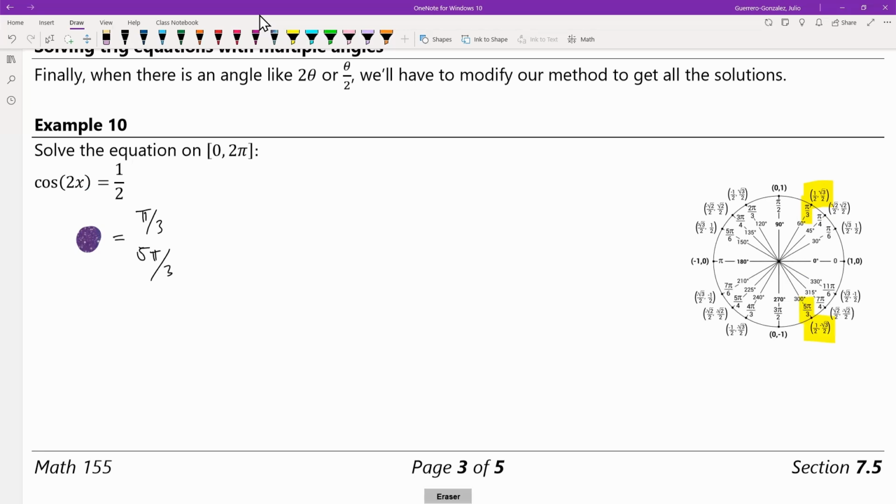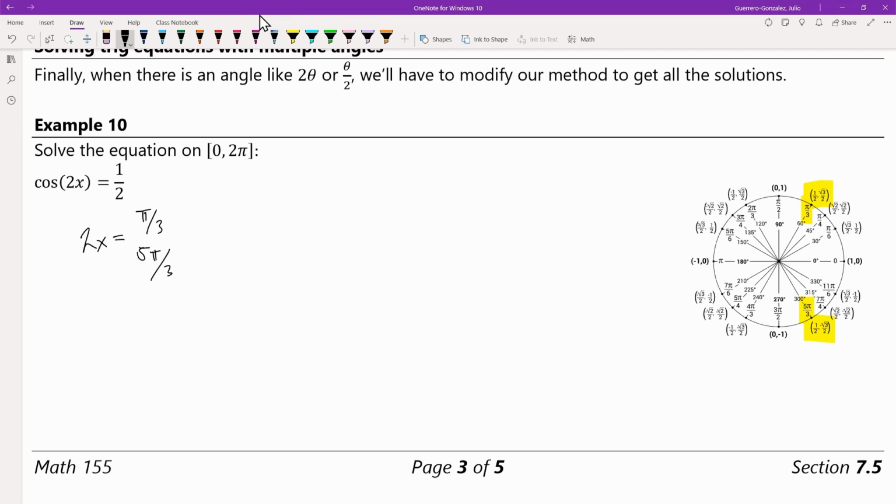You guys ready? That thing was covering up 2x, so that means this is going to be 2x. We at least found our angles from the unit circle. Now, we have two angles, but there's still a 2 in the way. What the heck do we do with that?